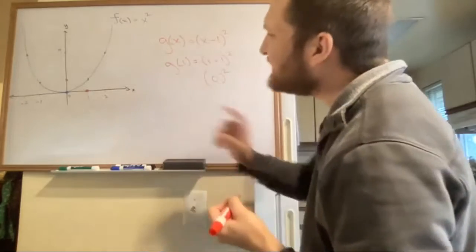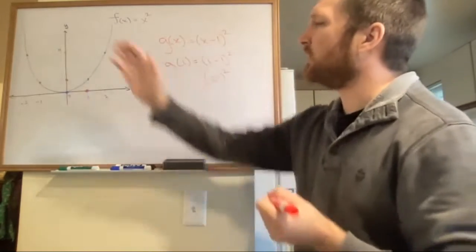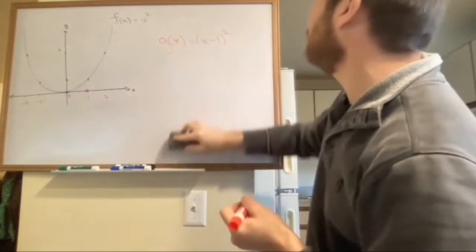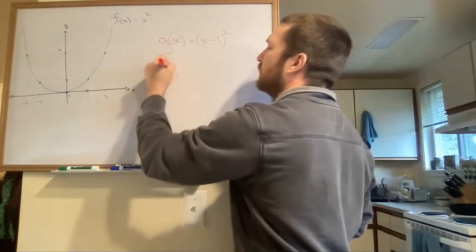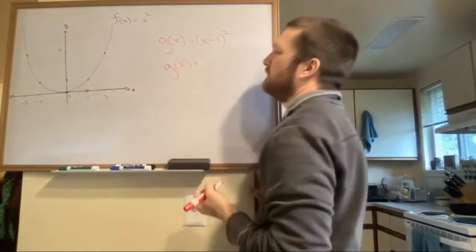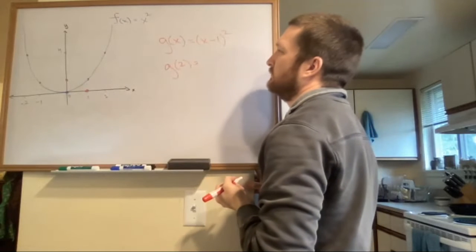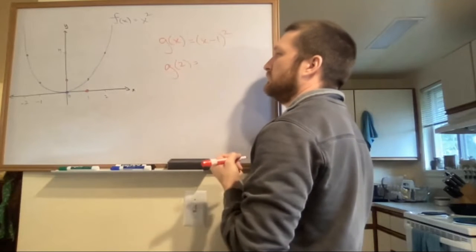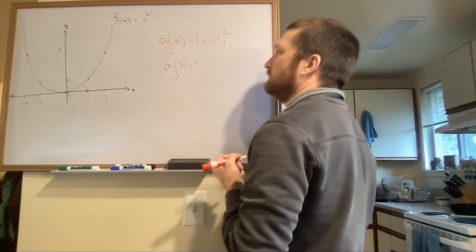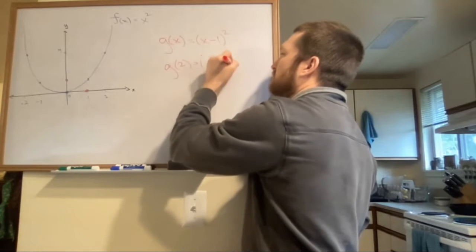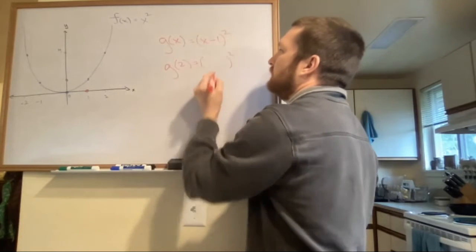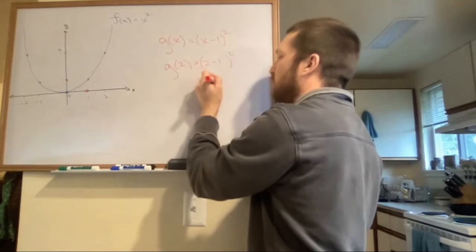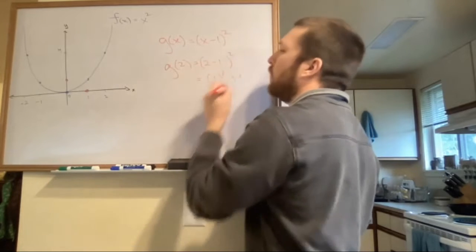I think the next thing we did was negative 1, but let's just finish going this way. What happens when I plug in a 2? What's g of 2? One. Yeah, 2 minus 1 is 1, squared is 1.